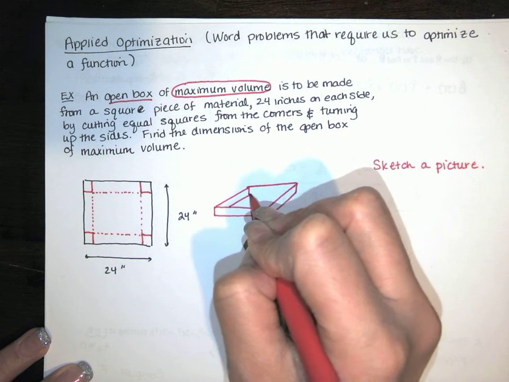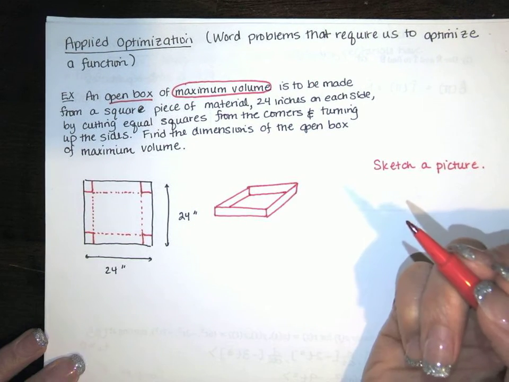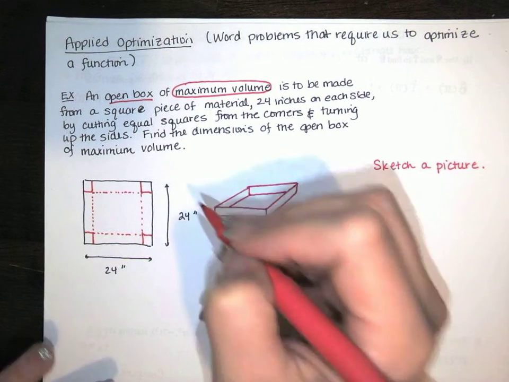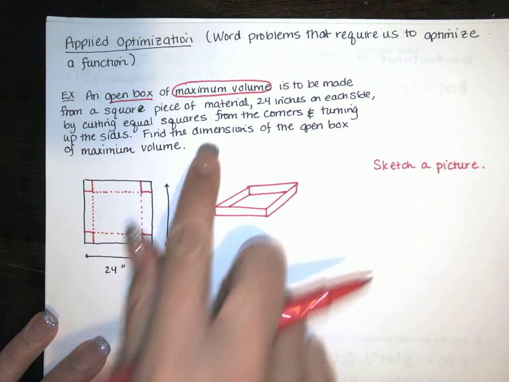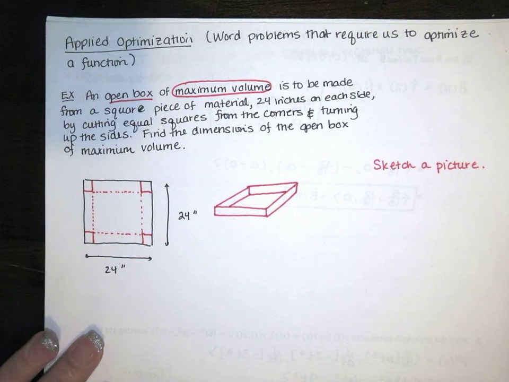And it's open, it doesn't have a top, so I'm drawing it with an open top. So you fold up the sides, and it looks like that. The question says, find the dimensions of the box of maximum volume.